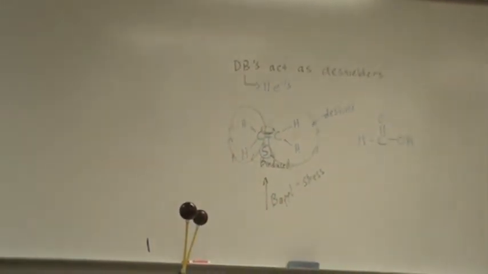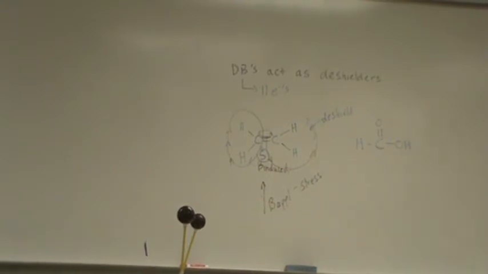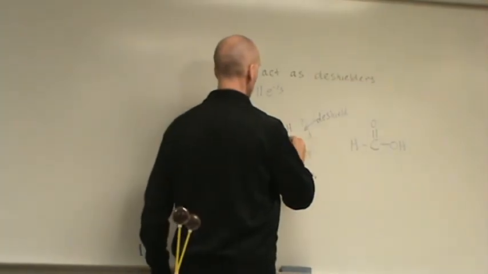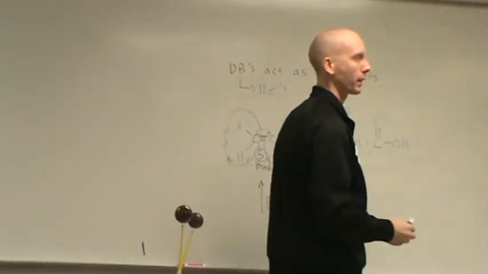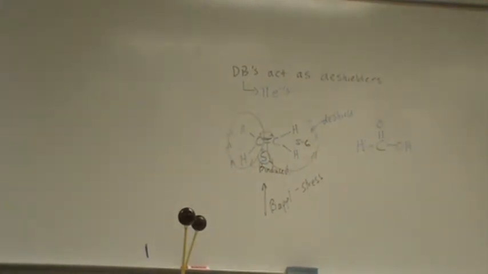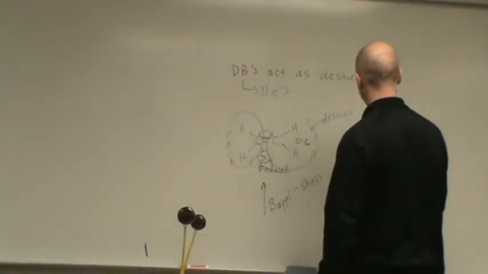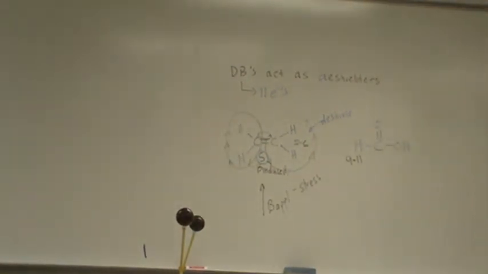Same thing if you had a carbonyl. A carbonyl has that oxygen, so you might expect it to be even a little bit stronger deshielder than the regular carbon-carbon double bond. Well, to give you numbers, these hydrogens show up between 5 and 6 parts per million chemical shift. If I have a hydrogen on a carbonyl, it'll show up somewhere between 9 and 11, so a little bit more downfield.